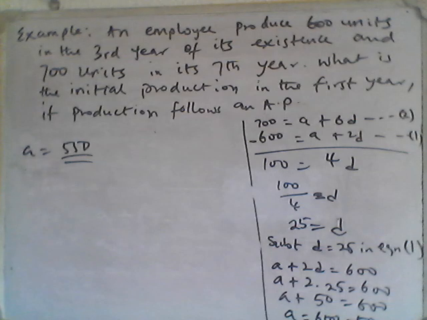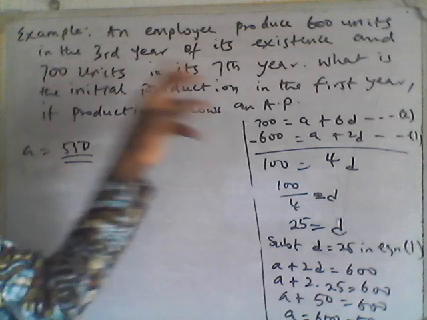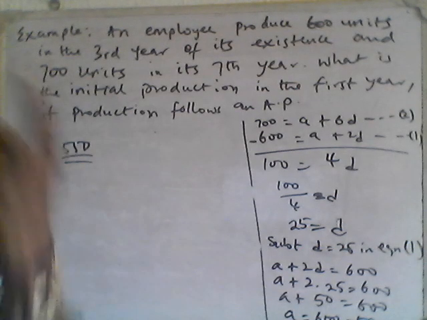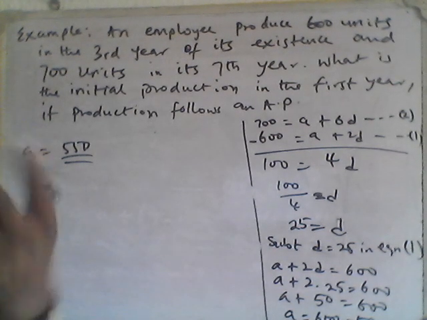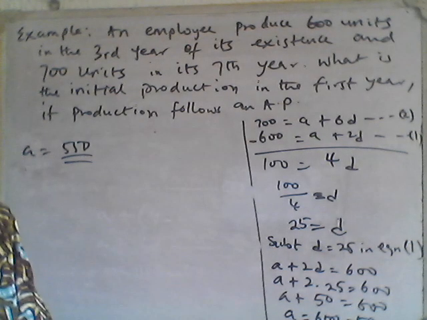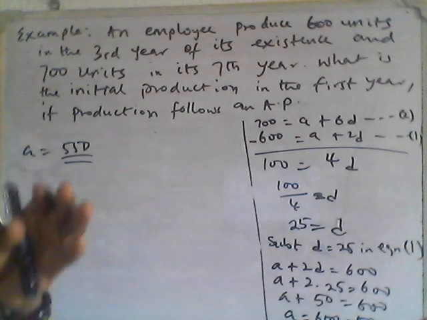So you see that you can't just easily guess that, because the seventh year there's 700 and the third year there's 600. Okay, well, I think it's correct where I'm saying it. So we have looked at various things in this topic, a very interesting topic. We have seen that arithmetic progression has 3 parameters, namely the first value, which is the first term, the common difference, which is denoted as D, that's a constant term, and the number of periods denoted by N, the number of terms. So an AP is a series in which the difference between any 2 consecutive terms is a constant.